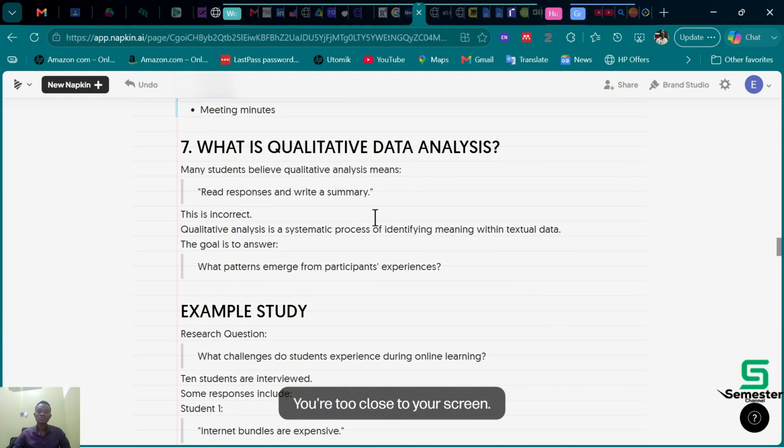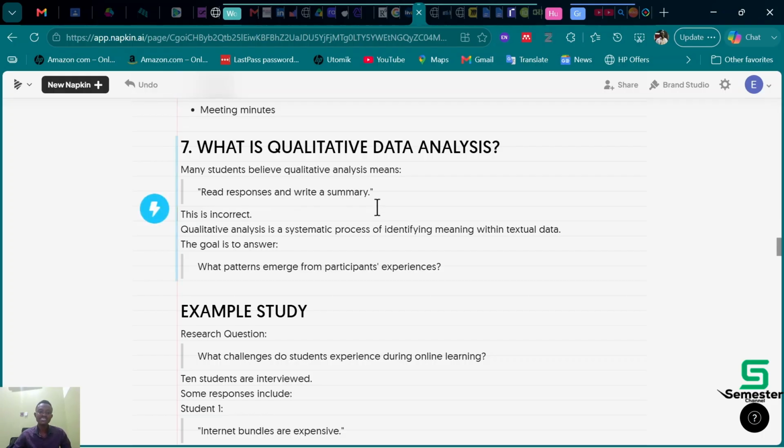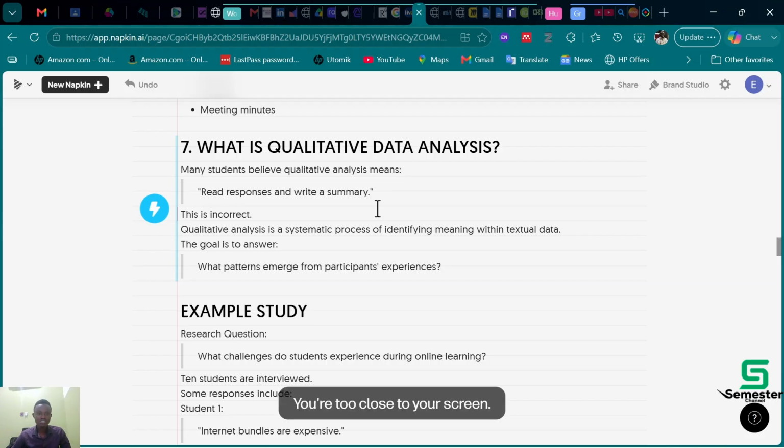Now, what do we mean when we say we are analyzing qualitative data? All right, most students think that when you read responses and then you write the summary, then you've gotten yourself a qualitative analysis. That is actually wrong. Okay, that is actually wrong.